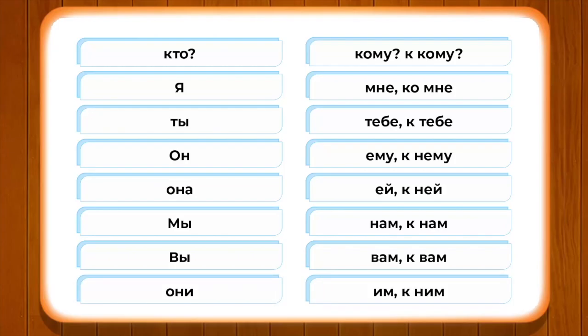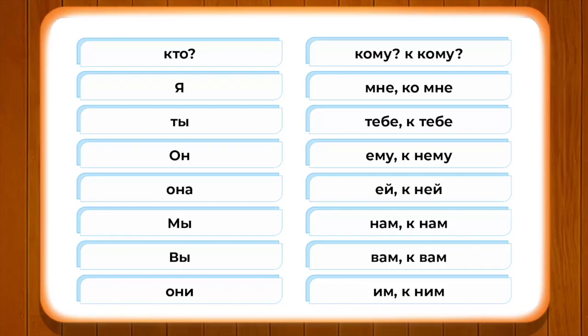So the question komu: mne, tebe, emu, ey, nam, vam, im. For k komu, it would change into ko mne, k tebe, k nemu, k ney, k nam, k vam and k nim.